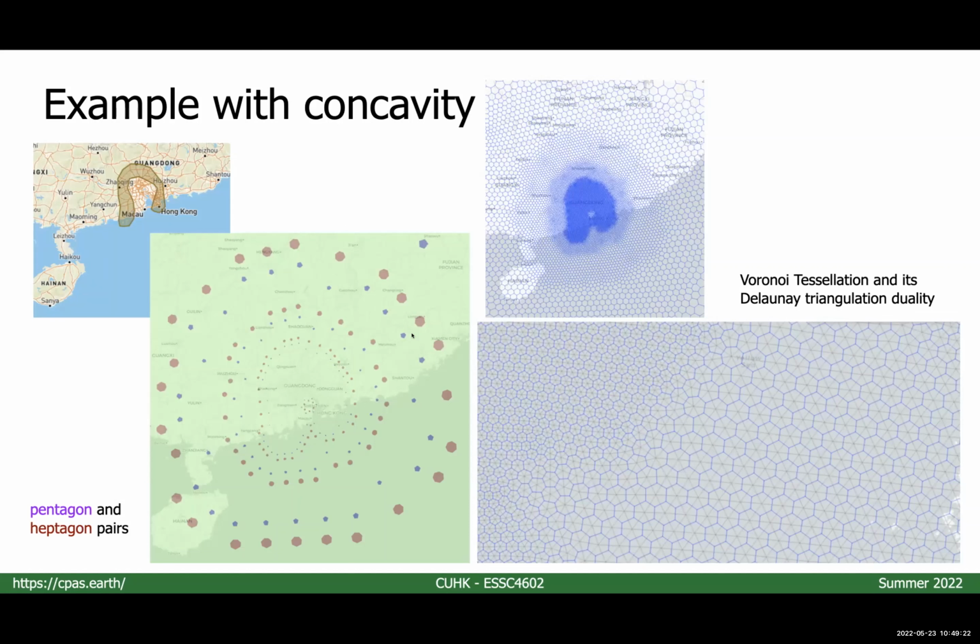So if you plot some graph that I will also show later, you will see that pentagons are represented by purple color in this plot, and then heptagons are in this color, and between them is basically the transition zone. So in this example, there are already several layers of transition zone.